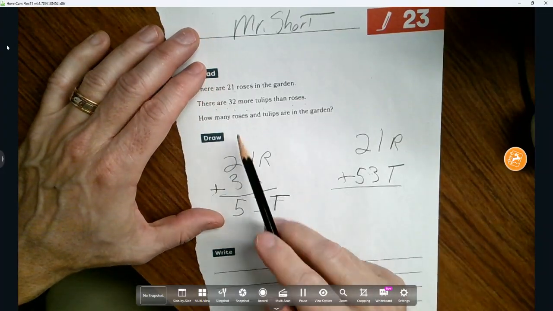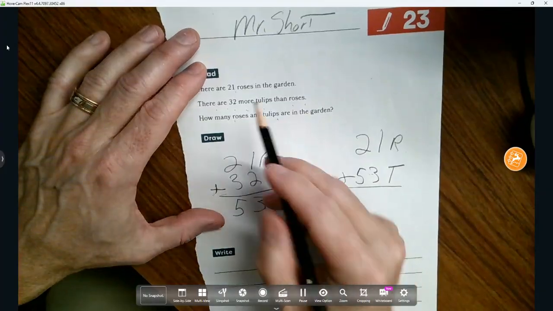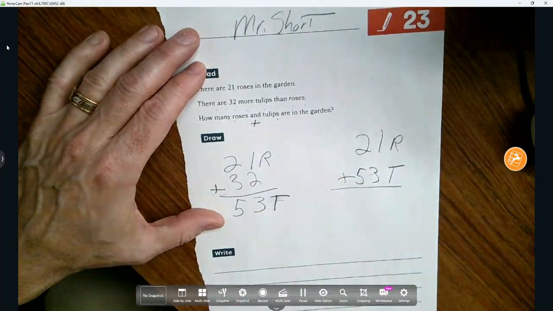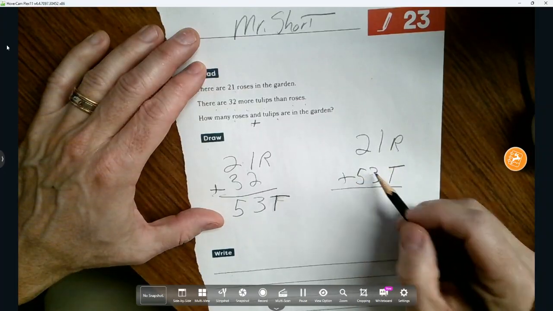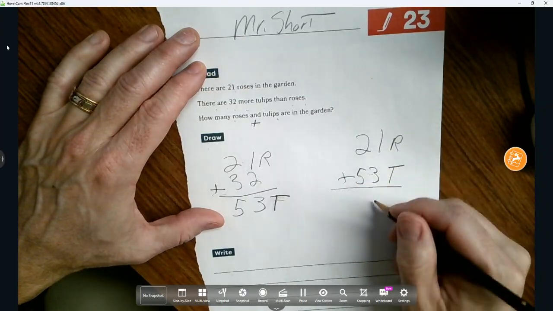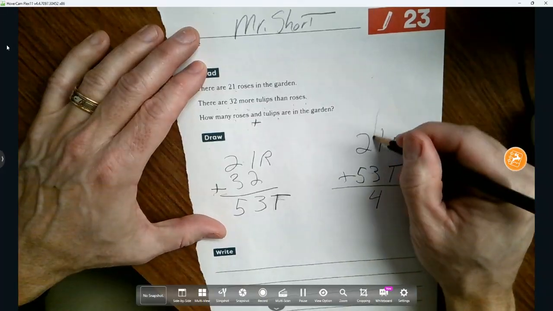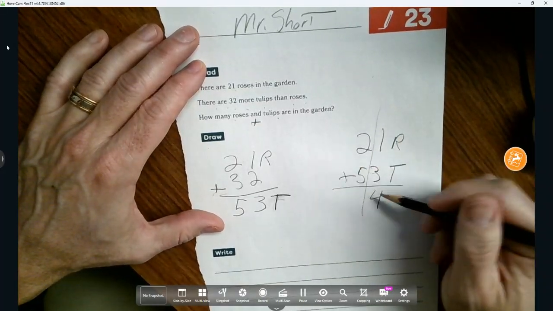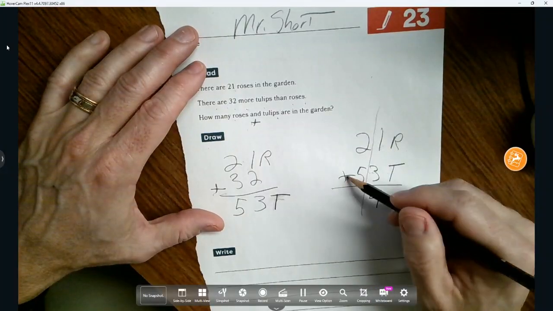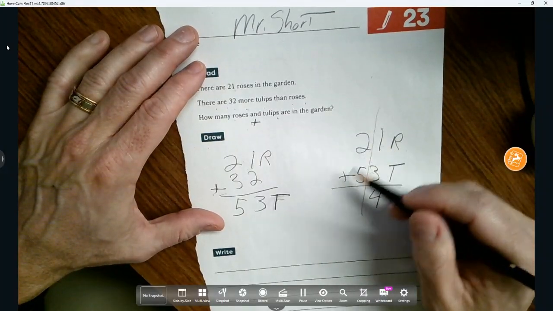So, right, we got roses and tulips in the garden, so that "and" is telling us to add them together. So we have 1 plus 3. What's 1 plus 3? 4. And make sure we stay nice and neat when we're doing this so we don't let our numbers wander. So our 1 plus 3 is 4. And now we're going to say 2 plus 5.